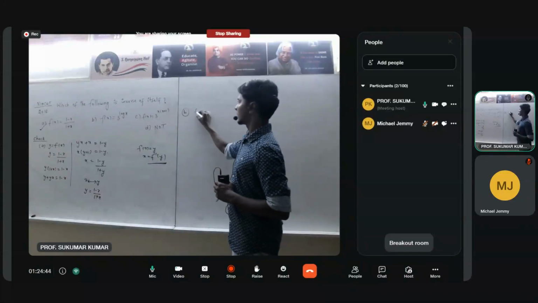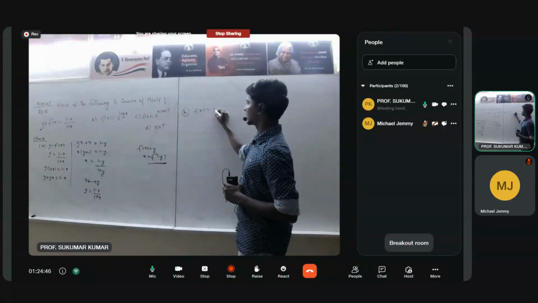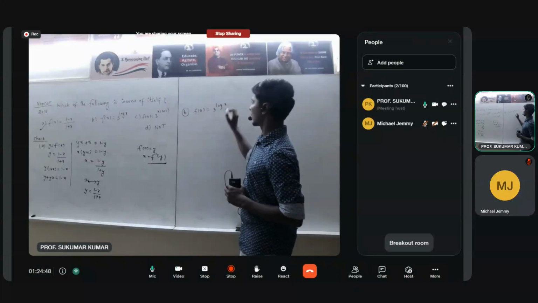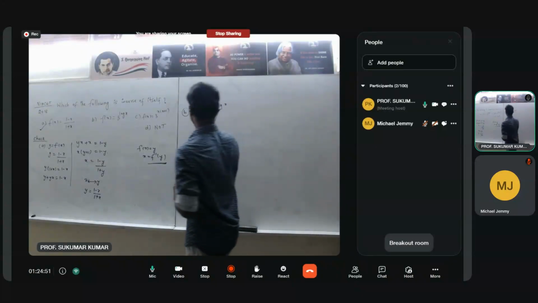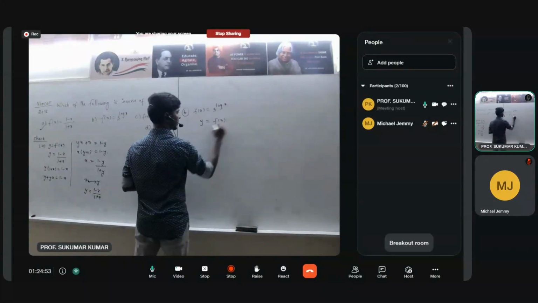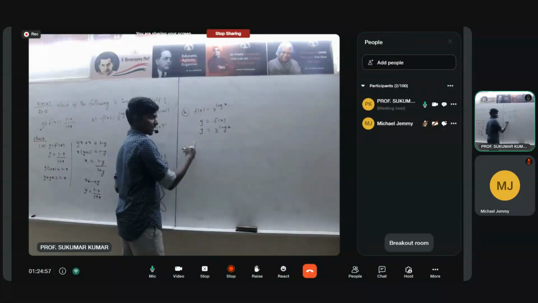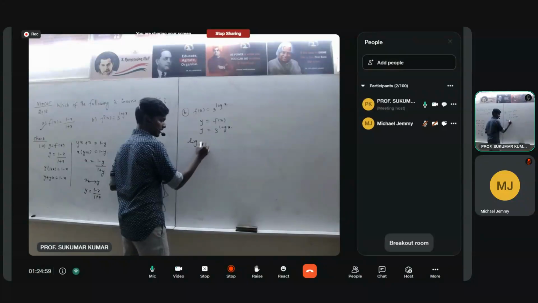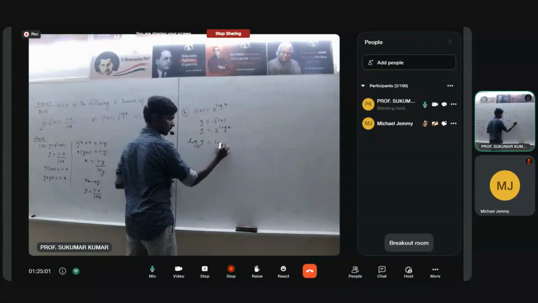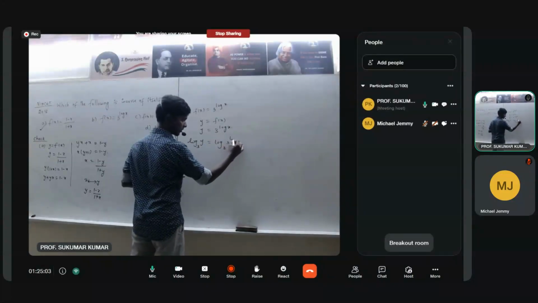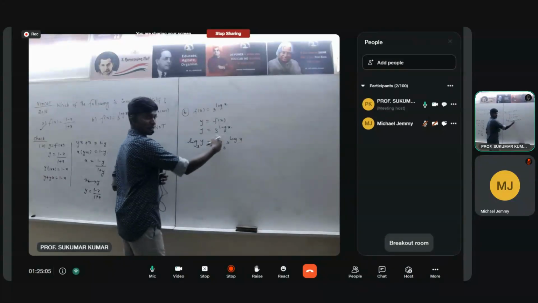So your f of x will be 3 to the power log x. Again, y which is equal to f of x is y equal to 3 to the power log x. Again, I'm introducing log base 3: log base 3 of y is equal to log base 3 of 3 to the power log x. Then it will cancel now.